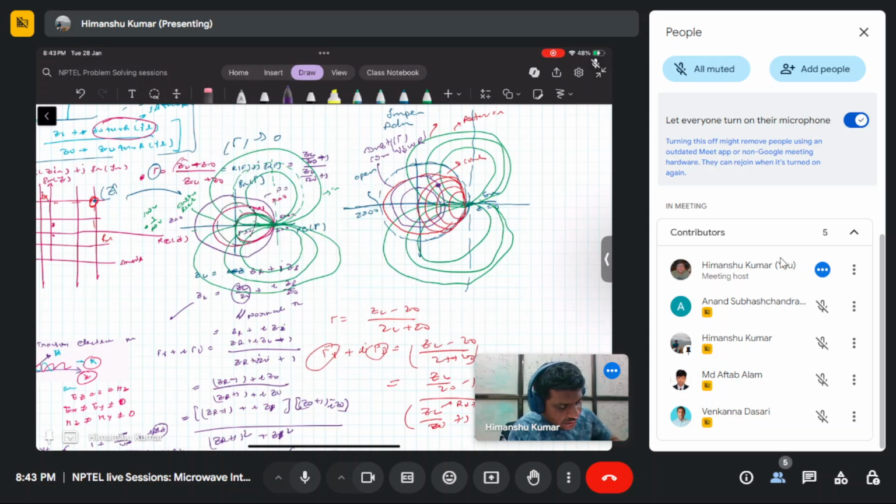These are the constant gamma circles. These other green and red circles are the resistance and reactance circles. So any load you can represent in terms of resistance and reactance at the periphery of this Smith chart.